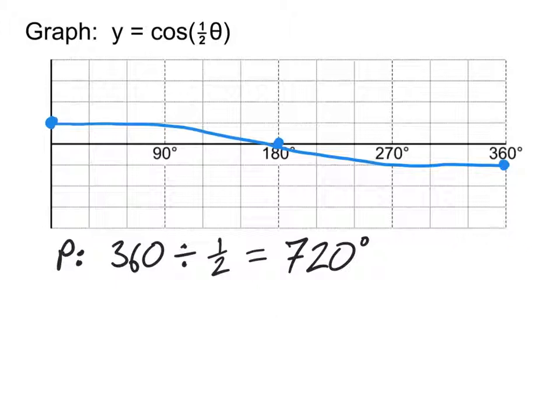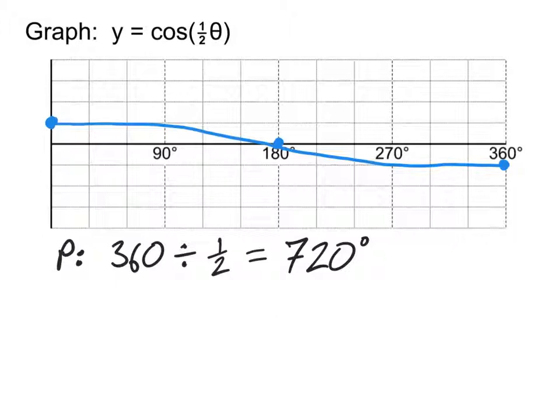Now, if you have trouble seeing what those intervals are, there's actually a couple different ways that we could know to put a point every 180 degrees. And it actually comes back to this same idea here, where we figured out what our period was. When I make my normal cosine graph, I take my 360 and I cut it up into 4 pieces, right?